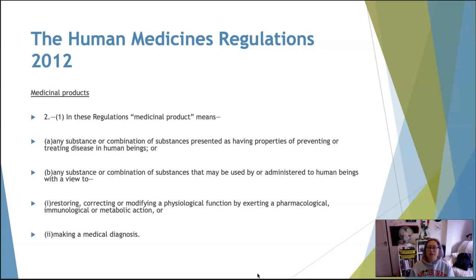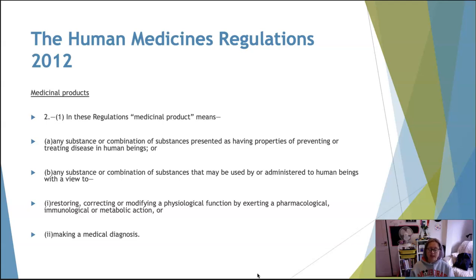Obviously within this we've got a lot of information that is focusing directly on human beings. This is because the Human Medicines Regulations only cover the guidance for medicines which should be taken by people. There are also a lot of regulations that support medicines taken by other animals, if we're thinking about veterinary medicine.